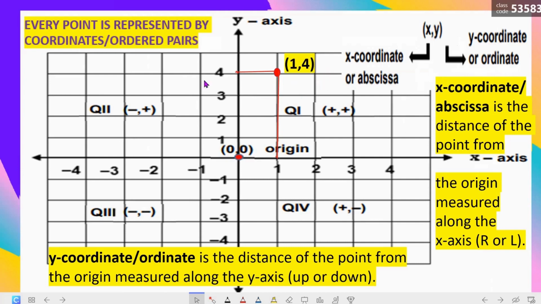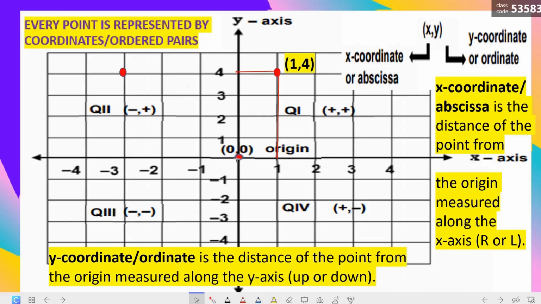All right. So let's take another example here. Say this point over here. What is the ordered pair of this point? Now read the x coordinate first. From the origin, let's draw a line.